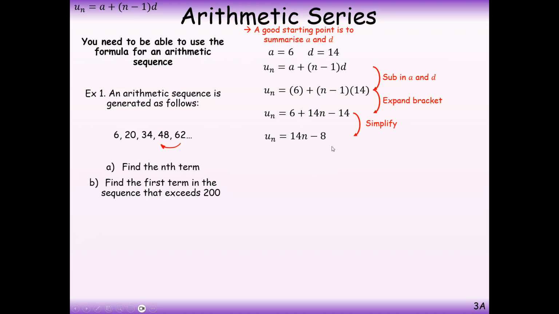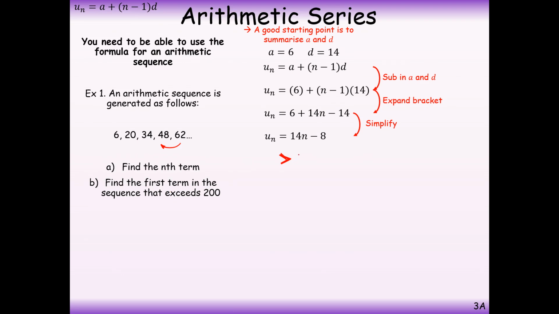How is it useful? Well, we use it in the next part of the question, to find the first term that will exceed 200. The term that would exceed 200, so 200 would have to be bigger than this formula.